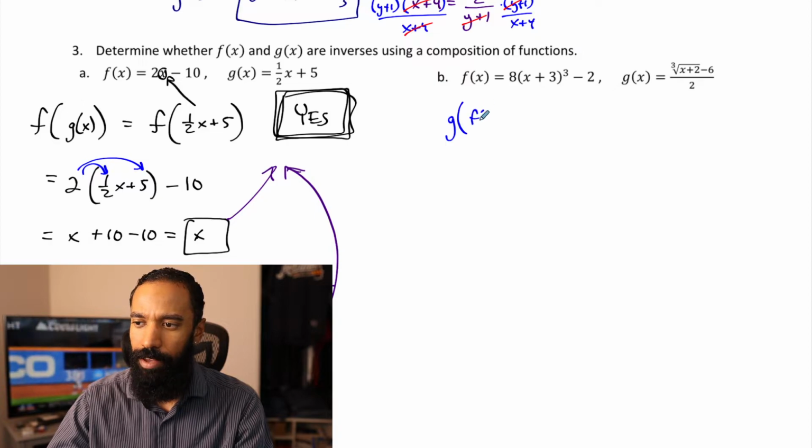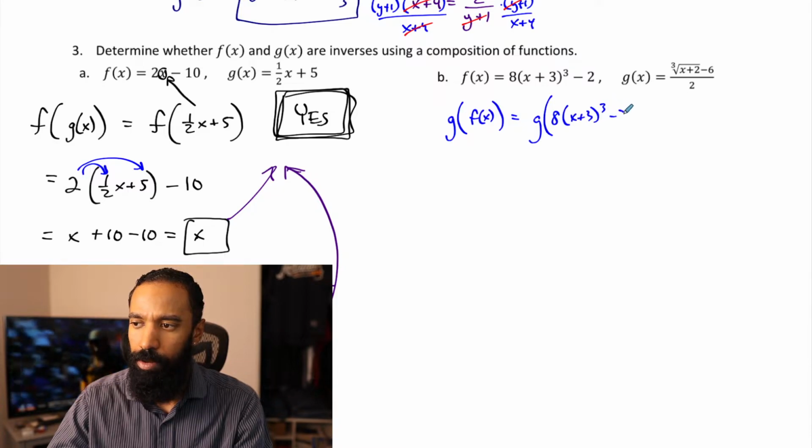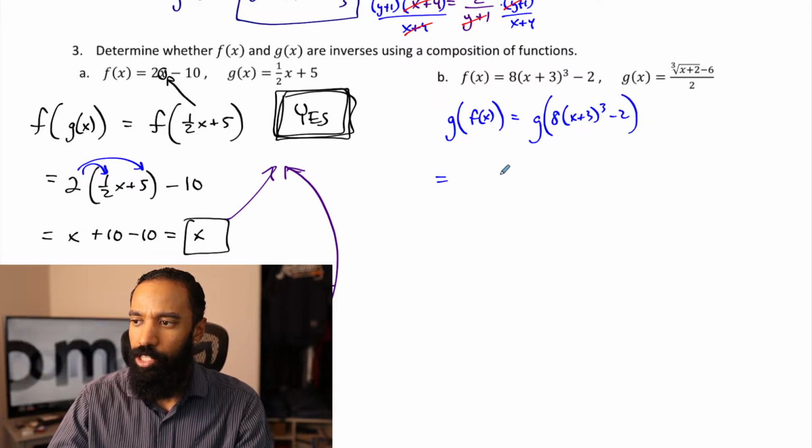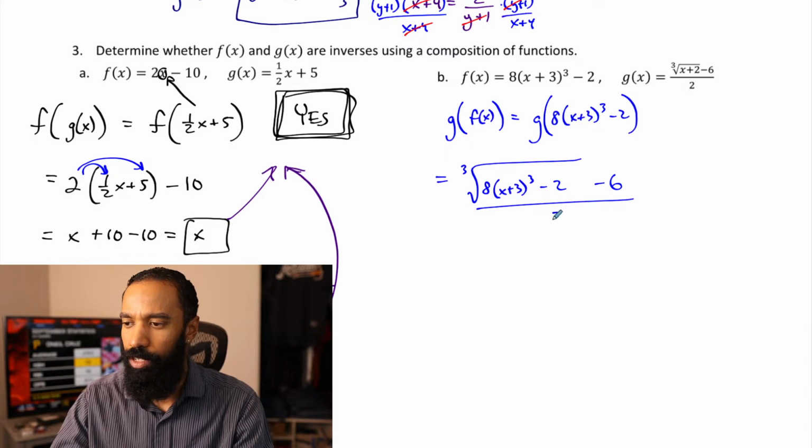G of f of x, which is going to be g of 8 times x plus 3 quantity cubed minus 2. And that's going to be the cube root of, and here's where we're going to put 8 times x plus 3 quantity cubed minus 2. And then it's got minus 6 on the outside here, all over 2, like that.